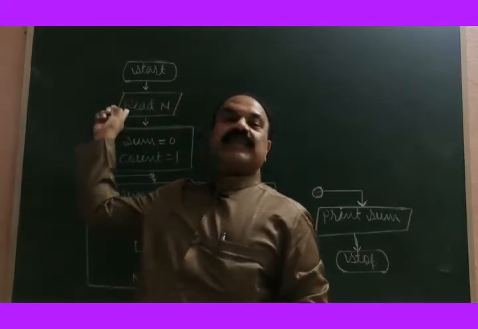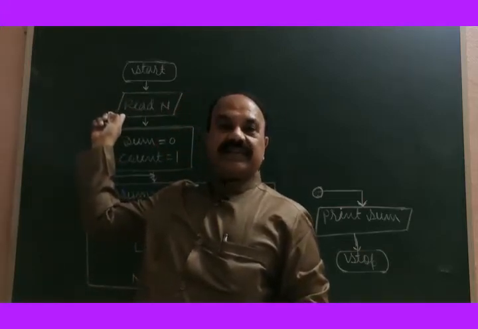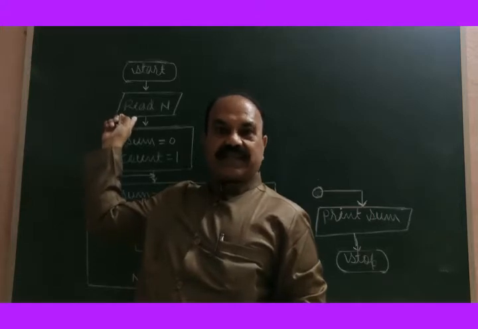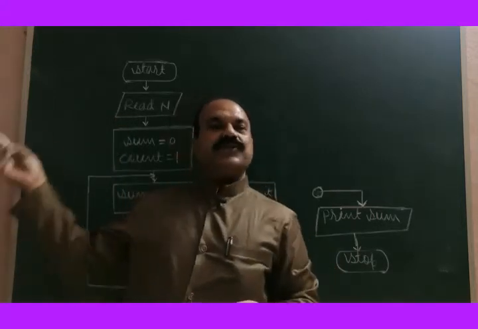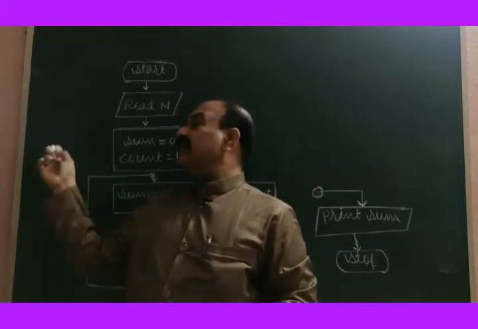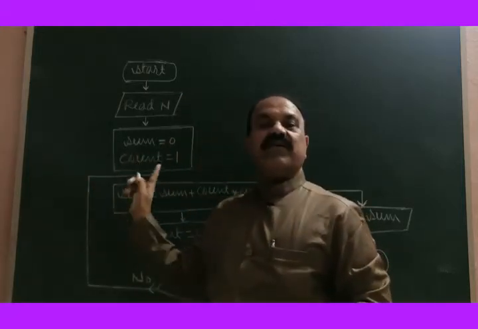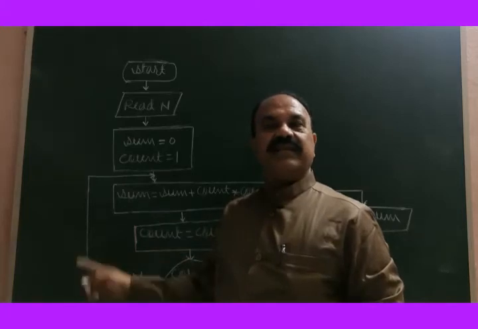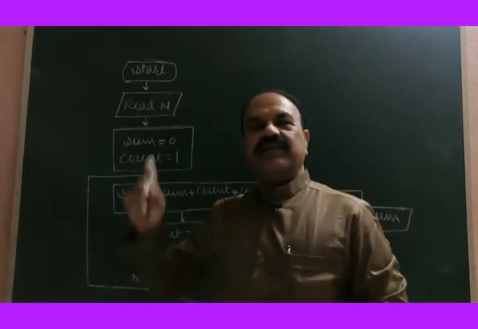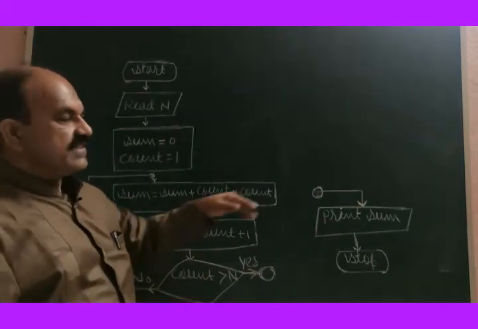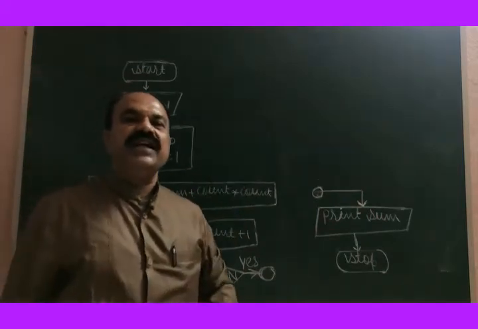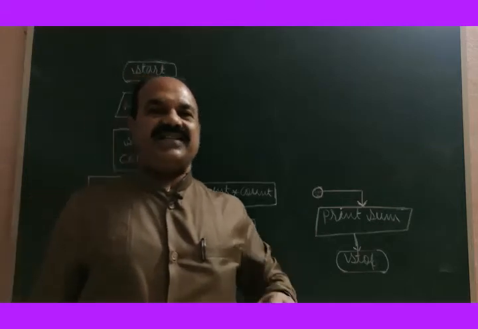Here, read n. The program will ask you, tell me the value of n. What value of n you want to take? Just supply the value of n. Sum and count are already initiated, already declared. The work will start, the program will get executed, and you will get the required result.